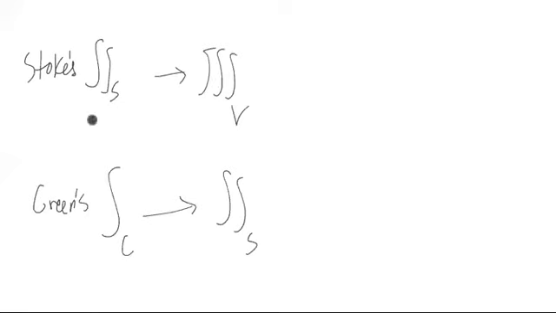Let's take a look at a generalization of Green's theorem. Just as we can take a line integral along a curve whose boundary is a surface S, and equate that to taking the surface integral of another vector field derived from the one we're taking a line integral of, we can do a similar thing between a surface integral and a volume, a triple integral.